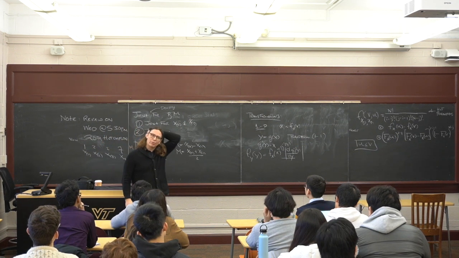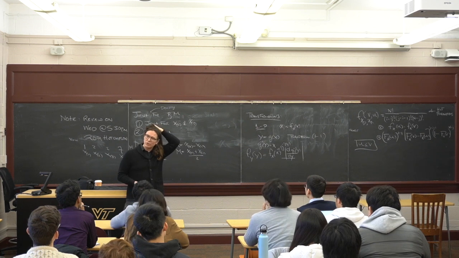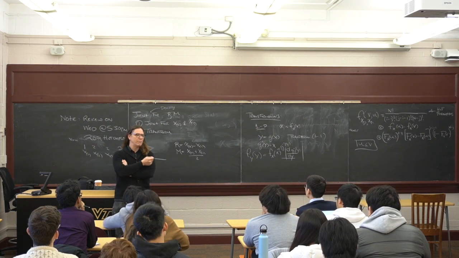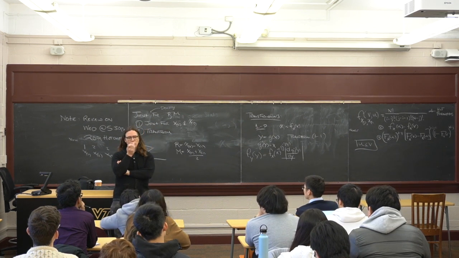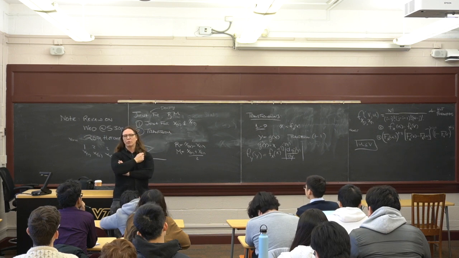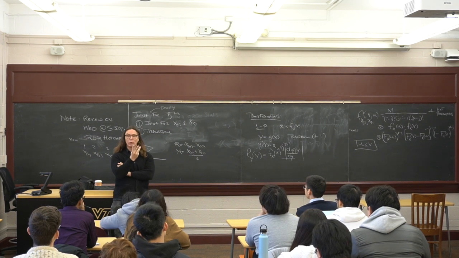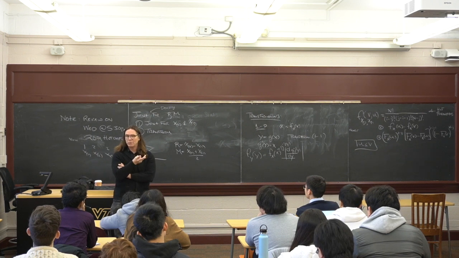There's a problem in the book that I'll assign to you that says if you have the minimum of 2 normal random variables and you square it, you're supposed to prove that it's chi-squared distributed. I will point out that's not true if you had 3 normal random variables, if you took the minimum and squared it.